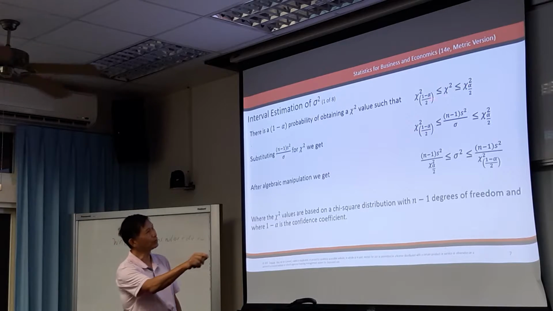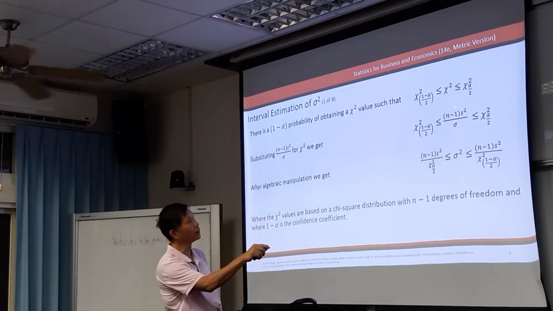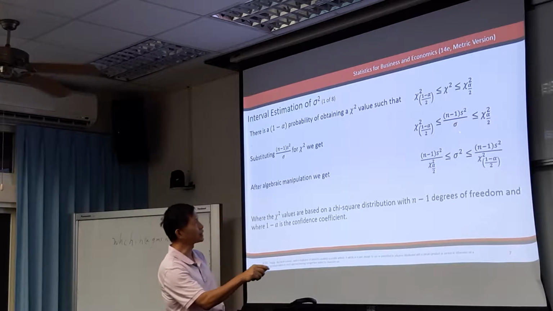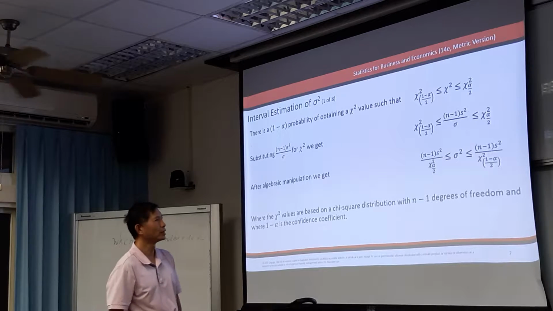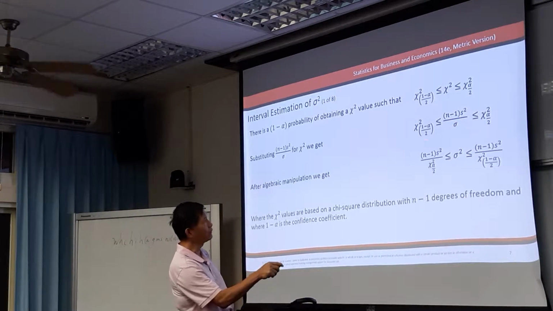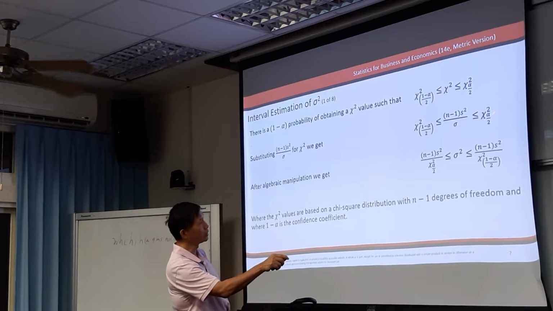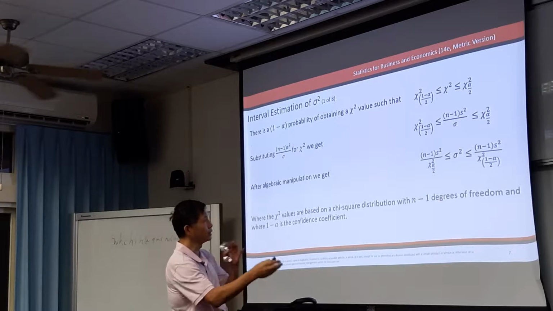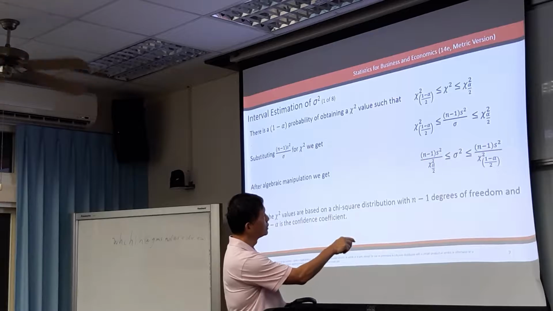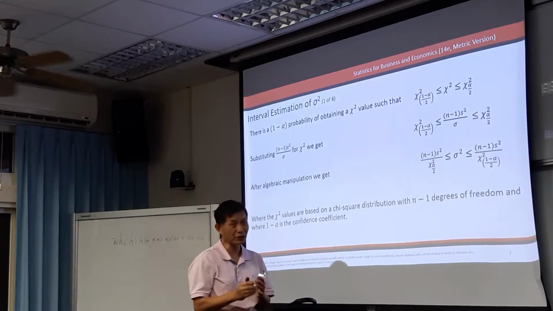So based on the formula, okay, since chi-square equals this, and we are interested in sigma square, you take this to the left hand side and this to the right hand side, and if you derive to either side, okay, sigma square will be larger than this. And if you take a square, you get sigma square.